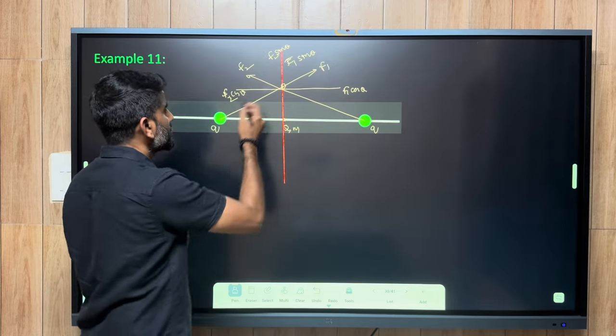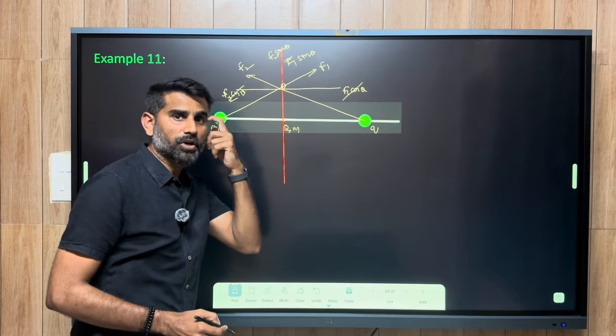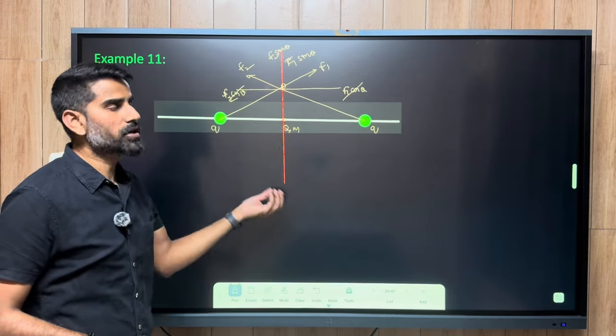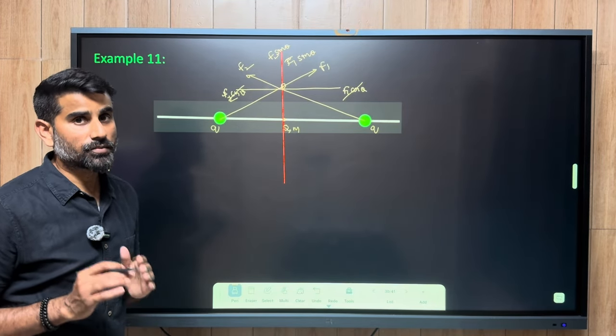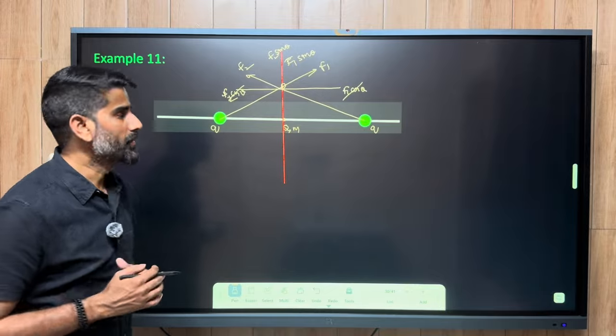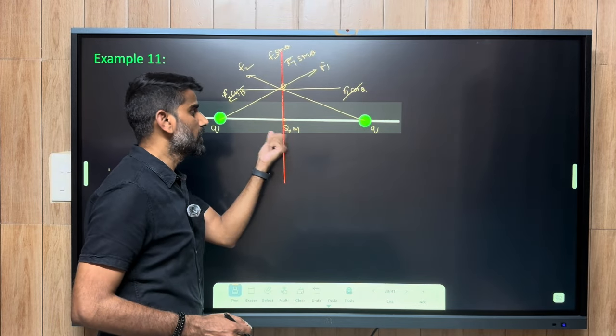As these two forces are same, these two will get cancelled. Net force is acting in vertically upward direction, so the particle will not come back. That means this particle is in unstable equilibrium.